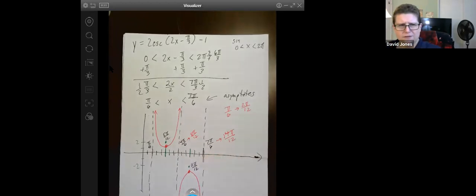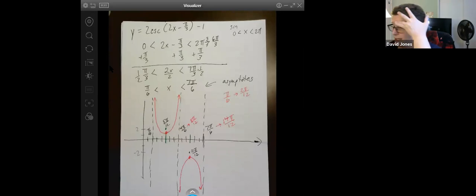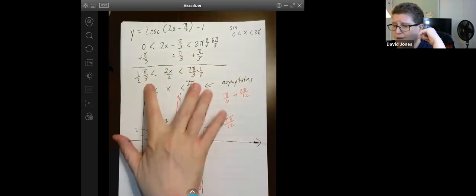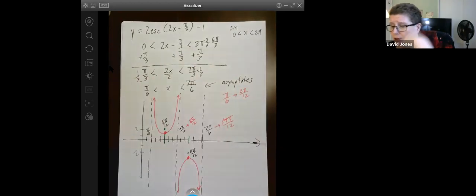So that's another way of doing the secant and cosecant without doing the period on sine and cosine: plugging it directly in, finding where your asymptotes are this way, and putting them up. You have to recognize the midpoints and stuff like that, but we can go from there.